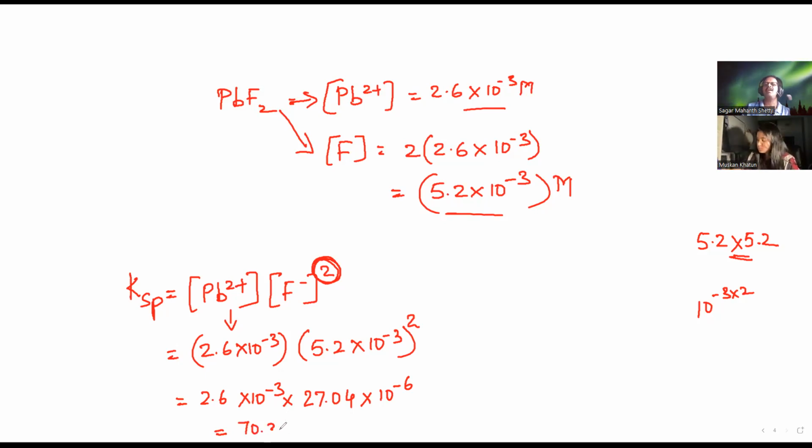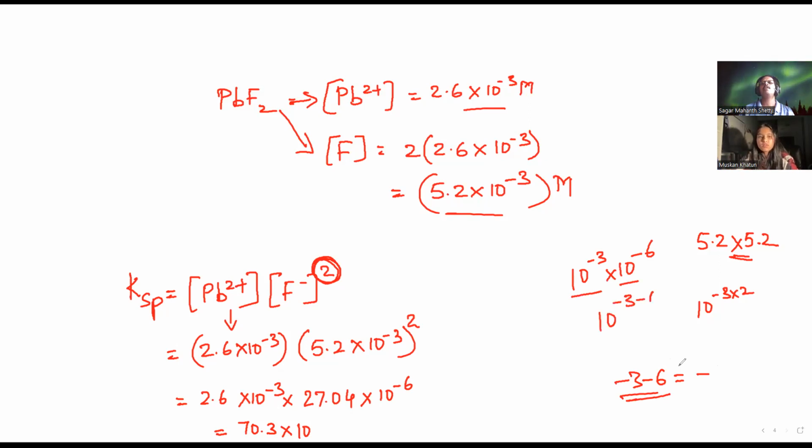So 70.3 times 10 to the power of what? Here you have a minus 3, here you have a minus 6. When you have both negative numbers, when you add them up, what would you get? 10 to the power of minus 3 times 10 to the power of minus 6. Because the bases are the same, the bases still remain the same. The minus 3 minus 6 would be 10 to the power of minus 9.